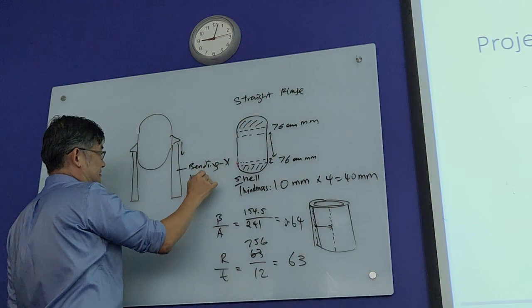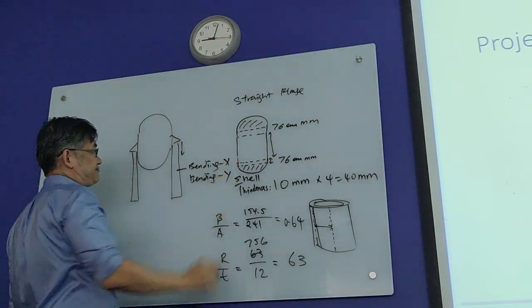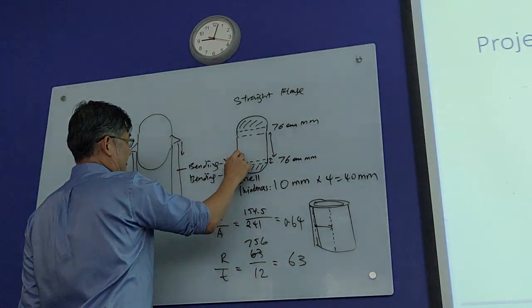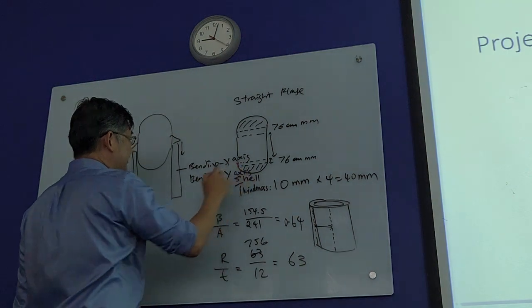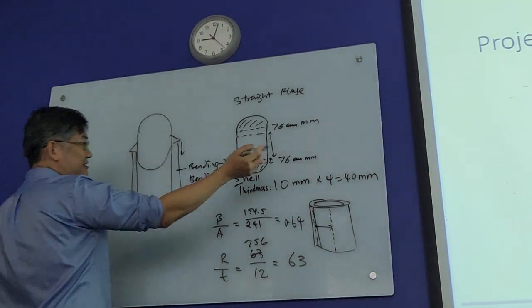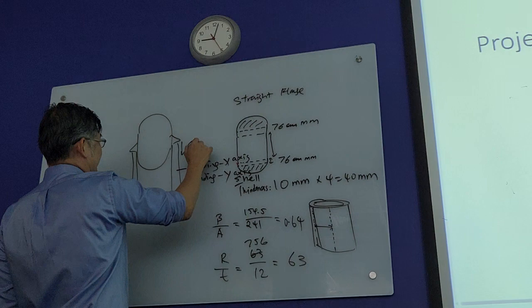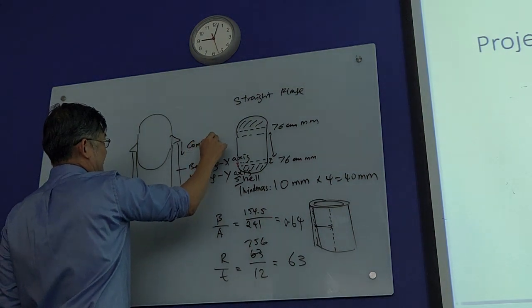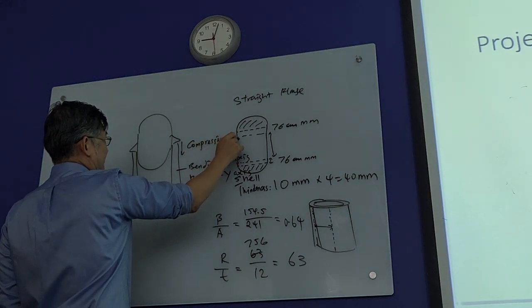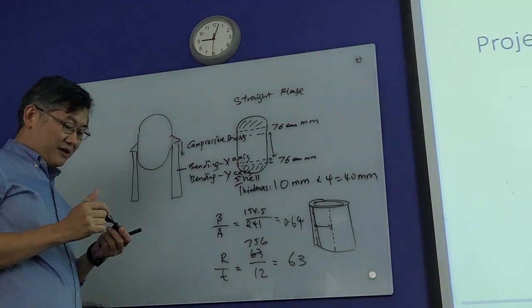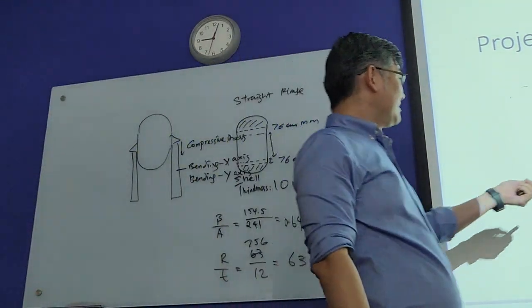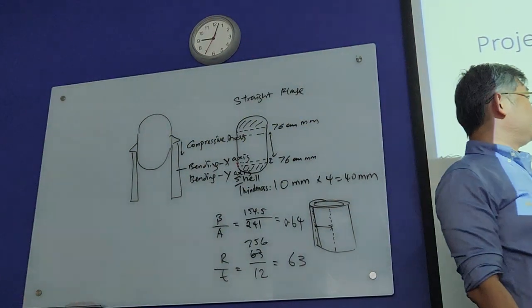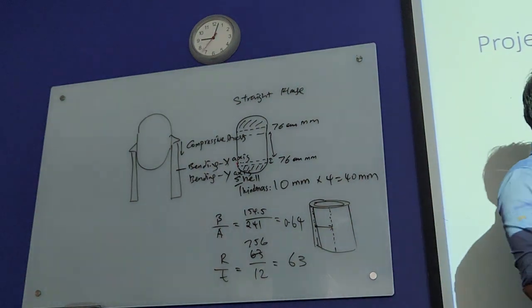Alright, so we want to find out these three portions. This is called compressive stress. The first part is the compressive stress, followed by bending on the x-axis and bending on the y-axis.